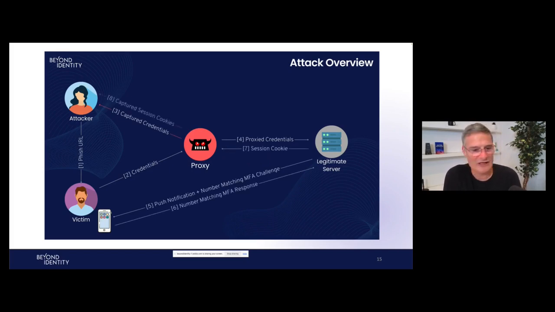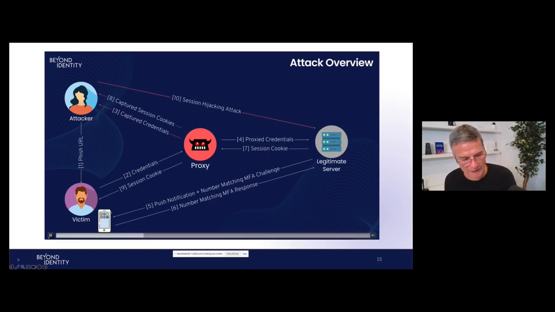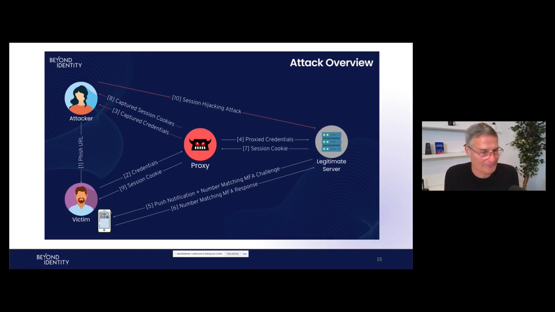We'll share the presentation out so you can take a little bit more time with this. I'll pause it there for just a second. So there's a set of steps that happen. The phishing link goes out. The victim tries to log in and provides credentials. The proxy captures the credentials and passes those on to the service that the victim was trying to get to. The service sends an MFA challenge, in this case a number match, push notification and/or a number match.